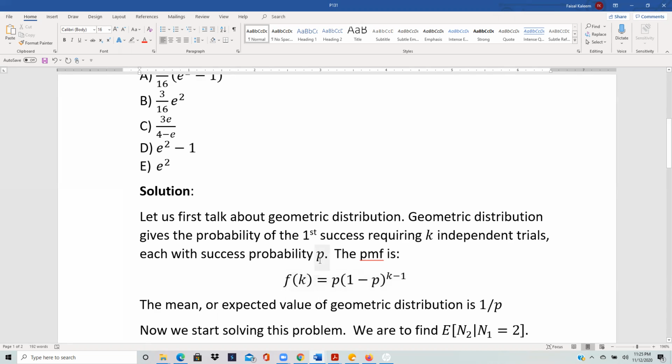So if p is the probability of success, then since the first success is occurring on the kth trial, the first k minus 1 trials are failures. So the first k minus 1 trials would be 1 minus p, 1 minus p, 1 minus p, and there are k minus 1 of them, and then there's a success on the kth trial.